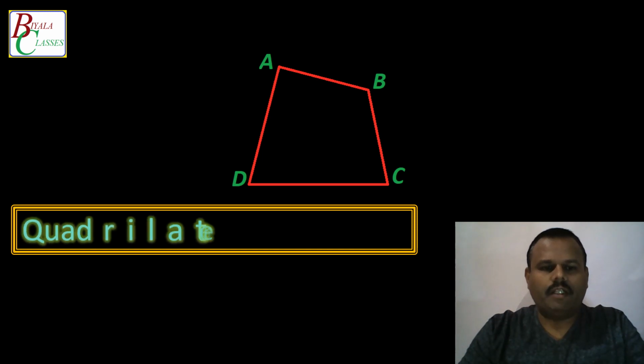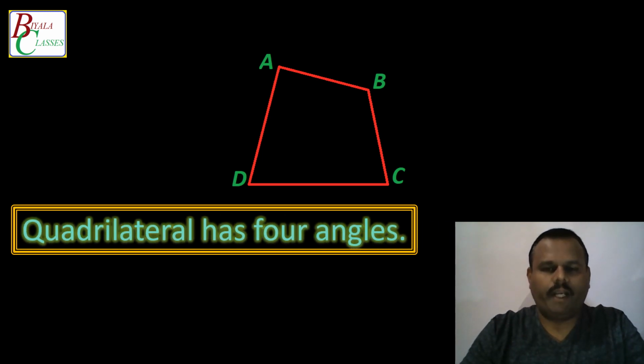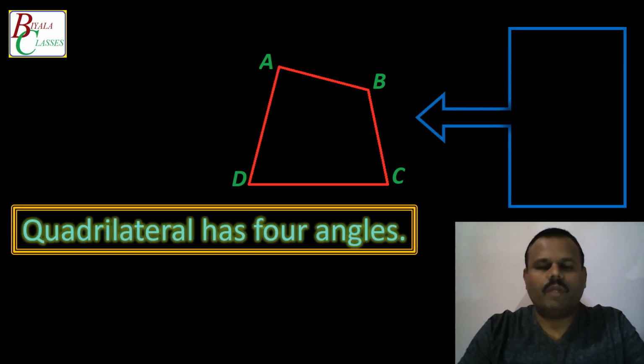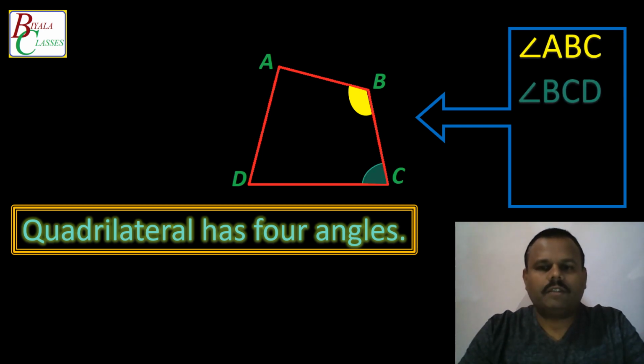Each quadrilateral has 4 angles. So we'll see which are those 4 angles one by one. As you can see now, this angle which is shown, this is named as angle ABC. The second angle is named angle BCD. The third angle is named angle CDA, and the fourth angle is named angle DAB.